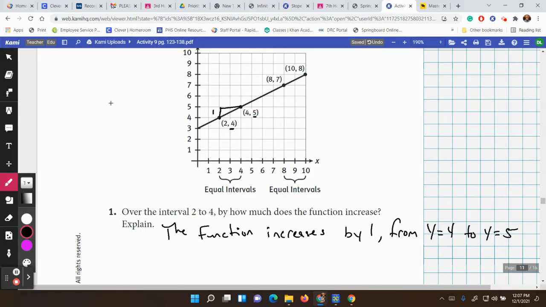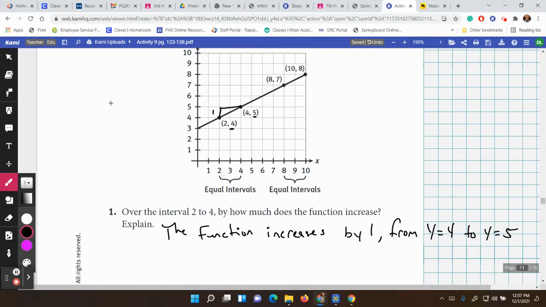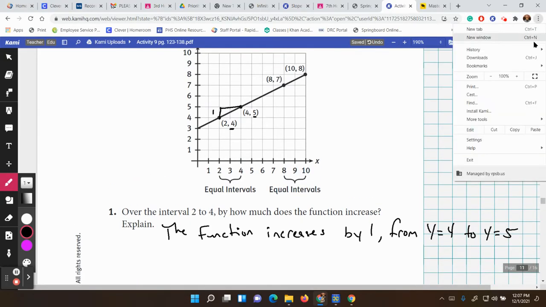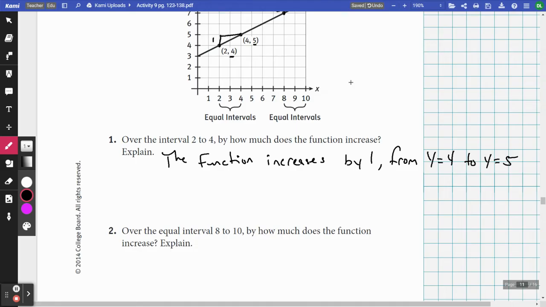If you take a look at number 2, it's asking how much does it increase from 8 to 10? From here to here, it's still just going to go up 1. My x is going to go up 2, but my y value is going to only go up 1. So I'm going to say the same thing again.